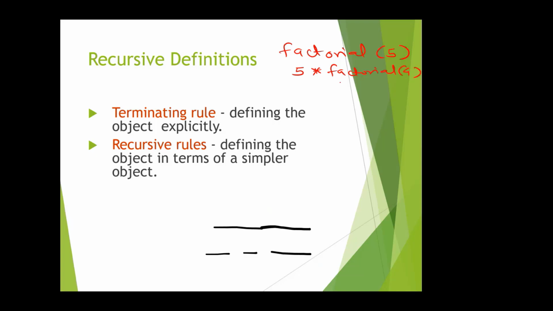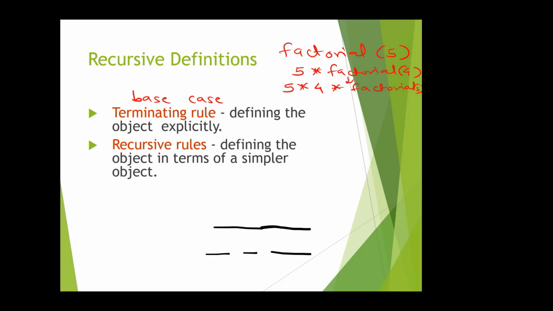Now when we call factorial of 4, it is 4 multiplied by factorial of 3, and it will keep going until it reaches a base. So it has to have a terminating rule, in other words, a base case, something similar to the rule of induction. So some base rule we have to have.